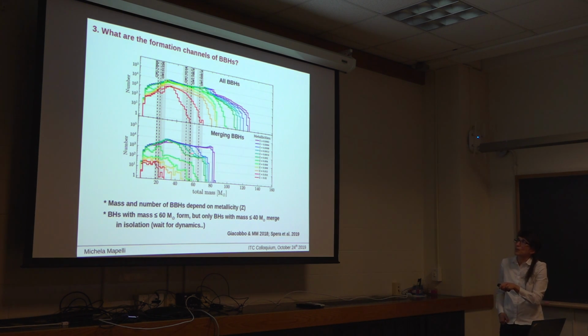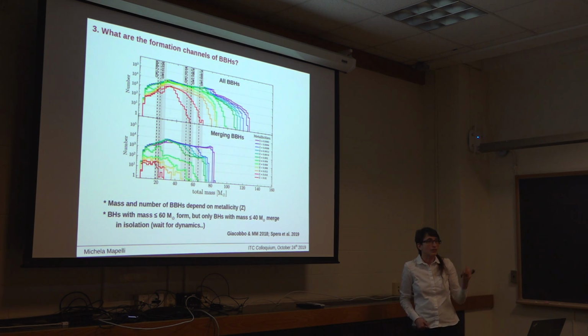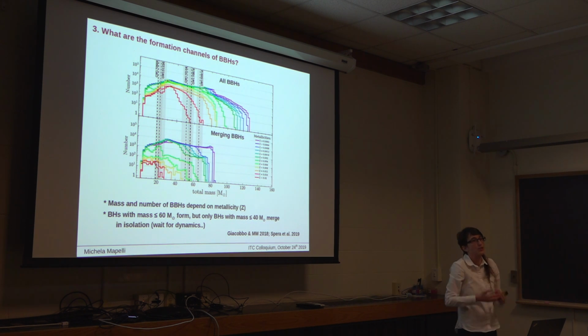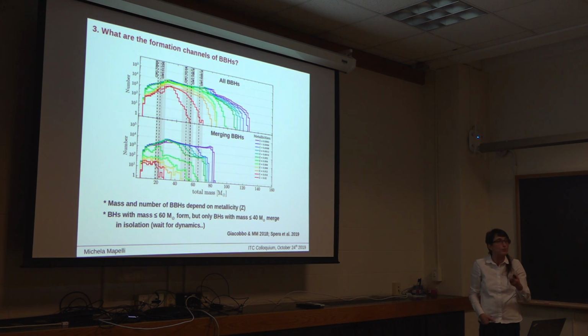The second very important point is that metallicity affects the efficiency of mergers. If you consider a coeval stellar population, you evolve it, you count the number of mergers that happen in this population, and you divide this number by the initial mass of the global population, then you get an estimate of the merger efficiency.